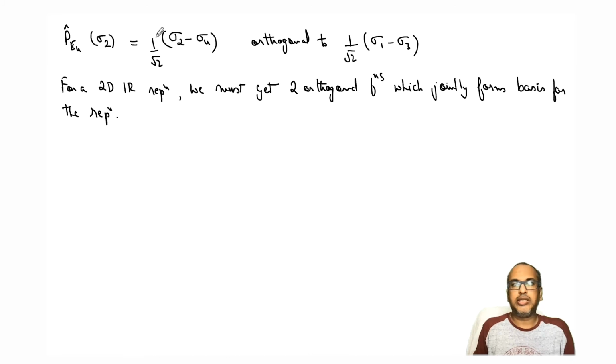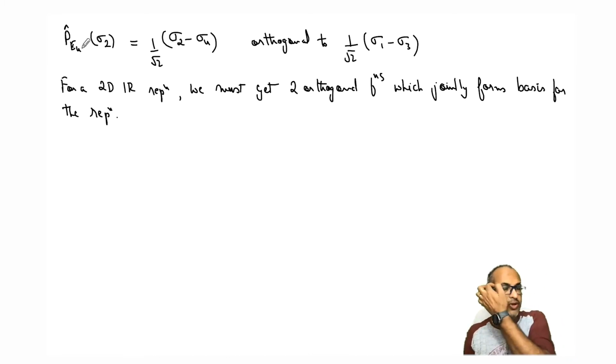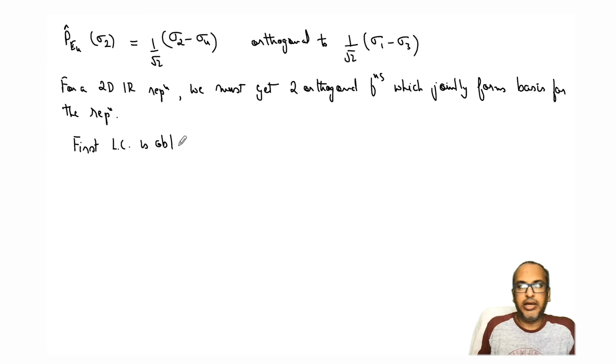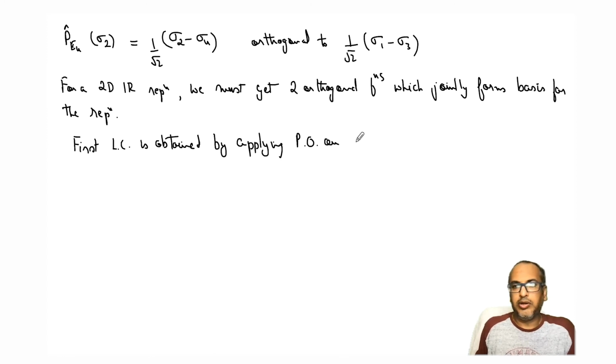So these two together will jointly form the basis for the Eu representation. Now first is as usual, the first linear combination is obtained by applying the projection operator on one of the basis functions.